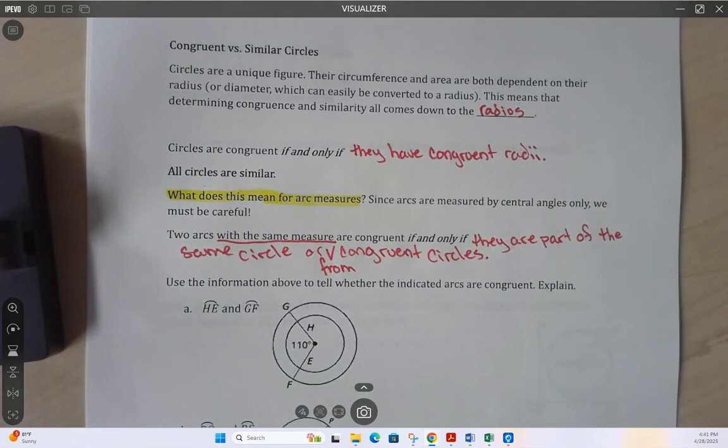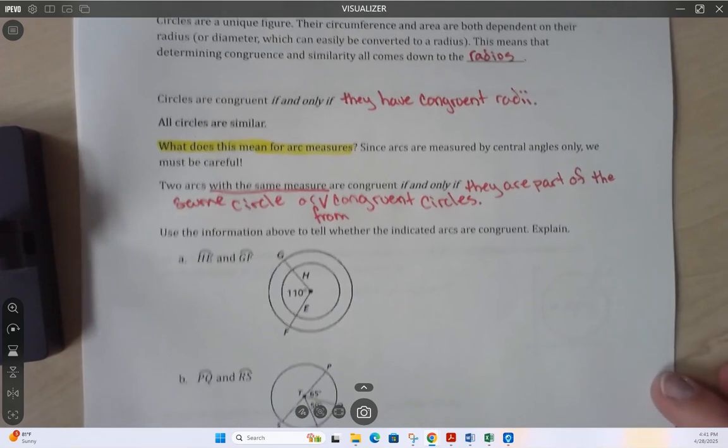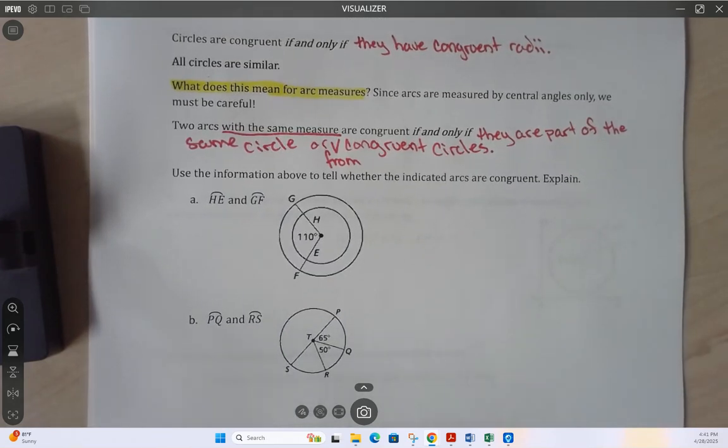It all comes down to the radius. And that's what we're looking at here. So we have to use our information based on that radius to determine if these are the same.